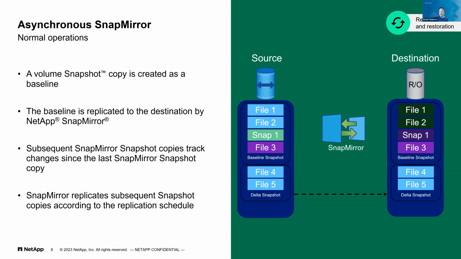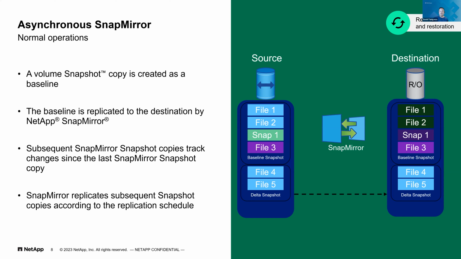In terms of ransomware, if we're using one of those policies, if snapshots are deleted on the source, they won't immediately be deleted on the destination with the next SnapMirror update. It can buy us additional time to discover a ransomware attack, and that can also help ensure that we have sufficient snapshots for recovery.